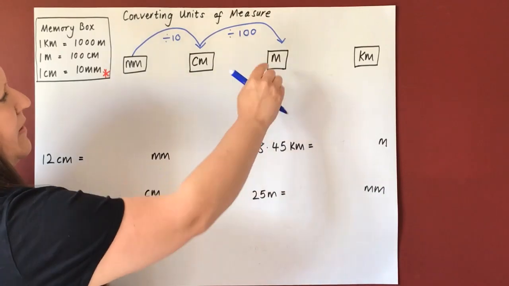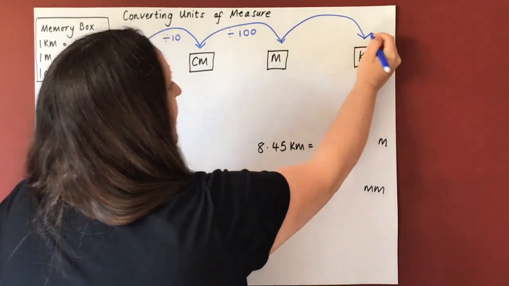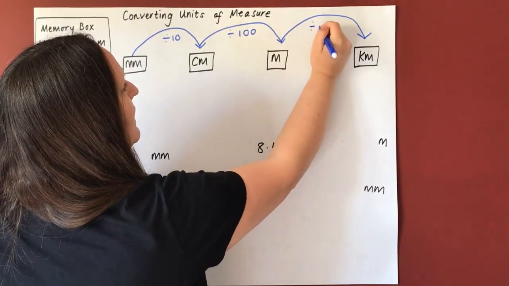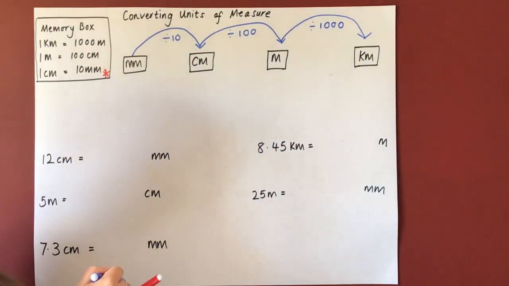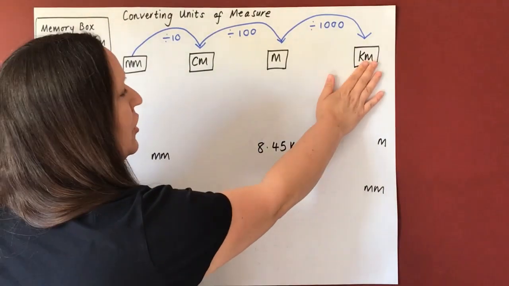Next we look at metres to kilometres, and to get from metres to kilometres we divide by 1,000.